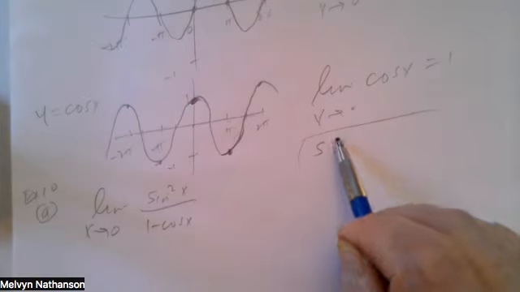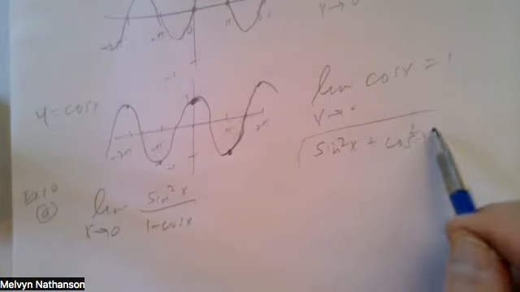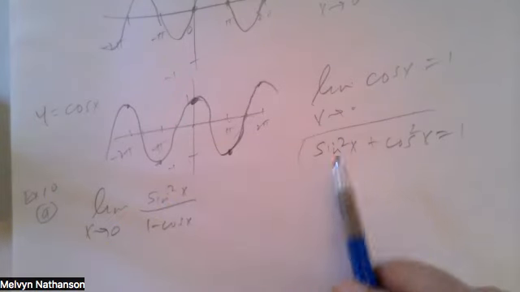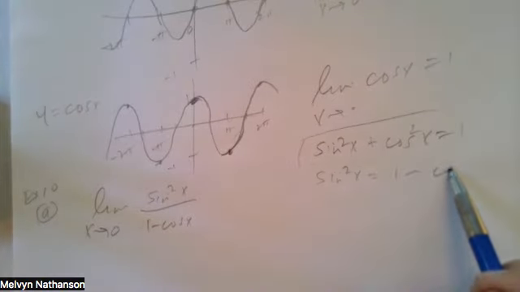One of the most important, perhaps the most important identity in trig is sine squared x plus cosine squared x equals 1 for all x. So here I have sine squared x. This is the same as saying sine squared x is 1 minus cosine squared x.